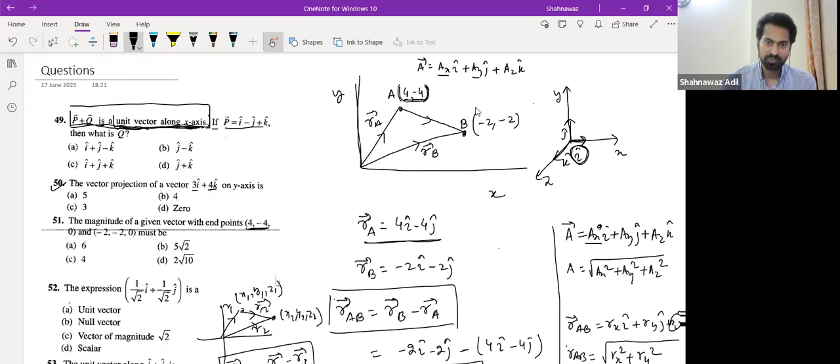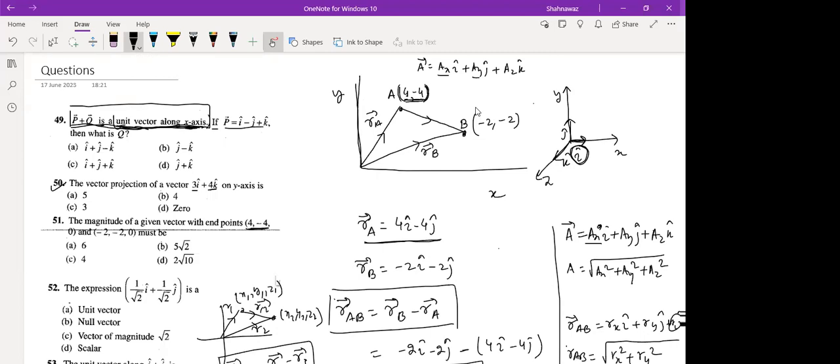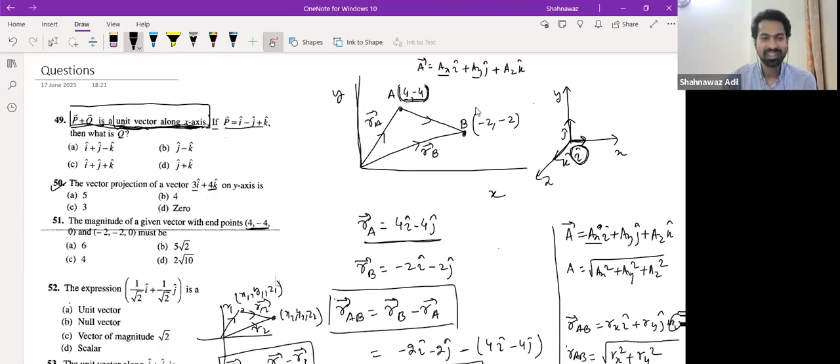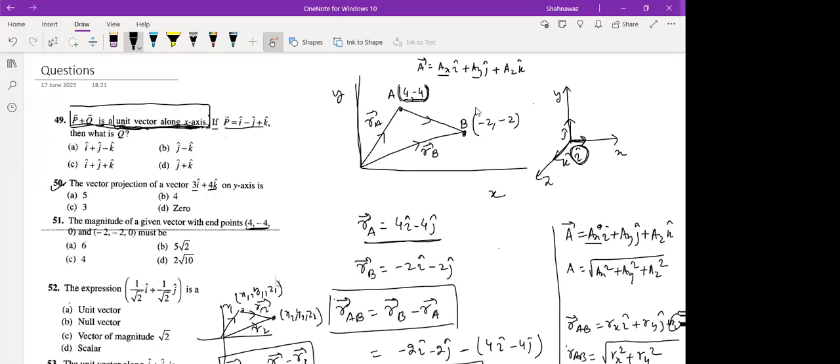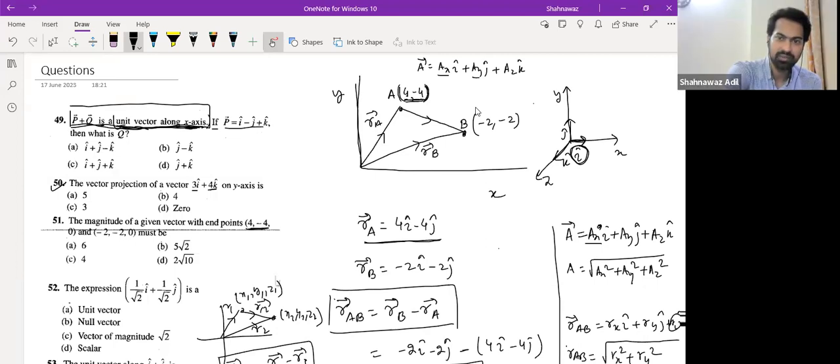Okay, so let me do two more problems. Ifat has already reached the answer. Siddhika, any doubt? No, sir.